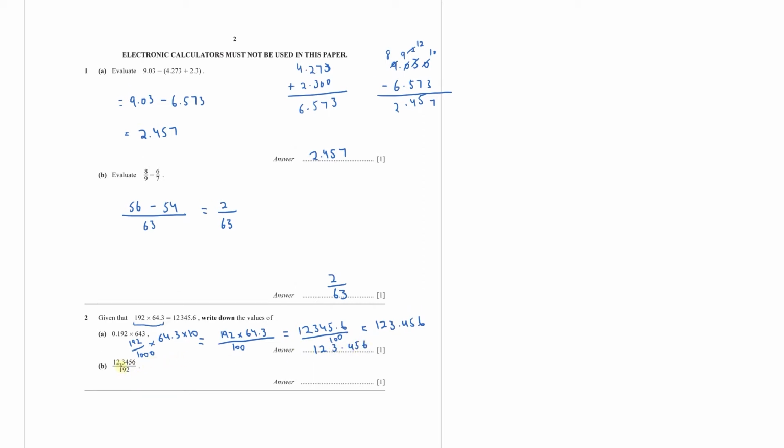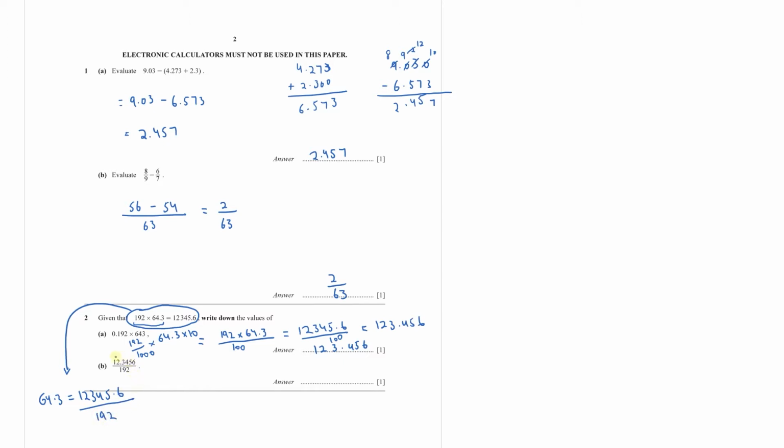123.456. Part B is you have to calculate 12.3456 divided by 192. If I take 192 to the other side of the equation into the denominator, the two expressions will look similar. So let me circle this. I take 192 to the other side, it becomes 64.3 equals 12,345.6 divided by 192.